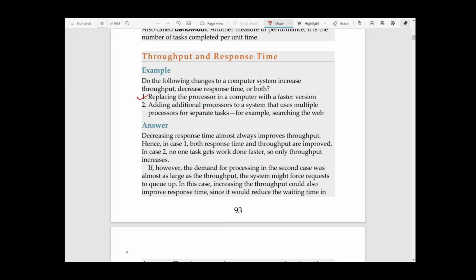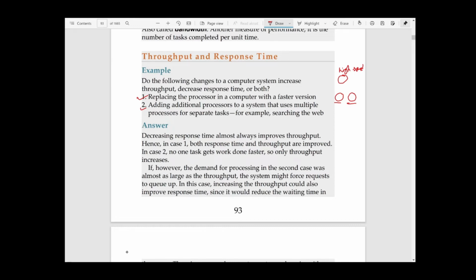The second one has two options: don't change the frequency but increase the number of cores. So option one is high frequency, high speed. The second option is don't change the speed but increase the number of cores. Instead of one processor, use two processors. So which one will improve throughput and which one will improve response time?